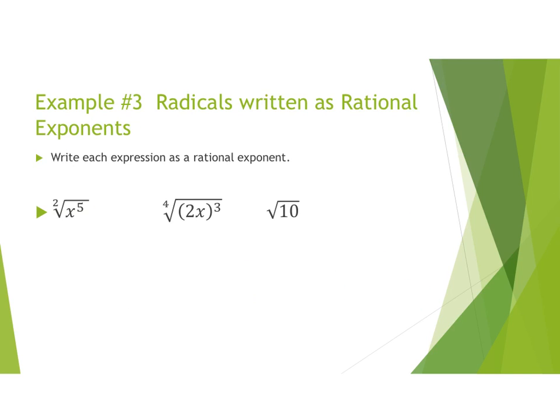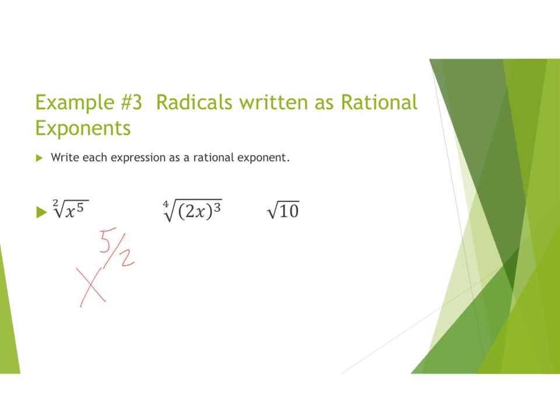Example 3, radicals written as rational exponents. We can still use the same saying, power to the tower, roots underground. The base is our radicand, and the power of 5 goes on top as the tower, and the root of 2 goes underground.